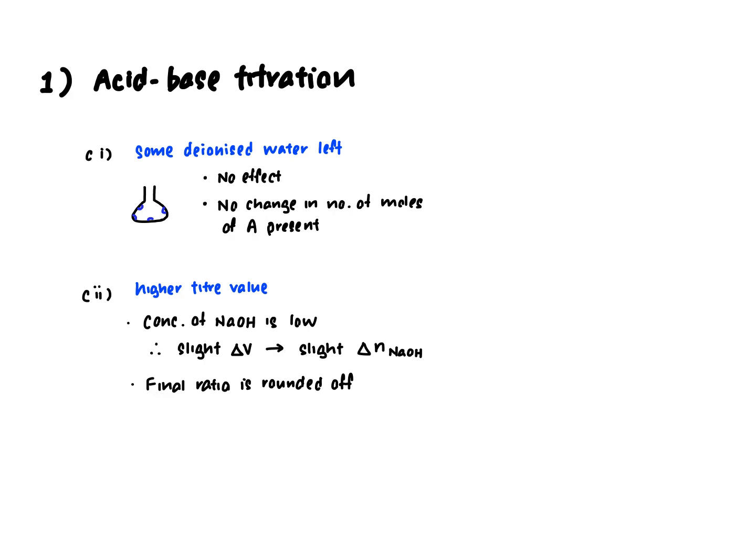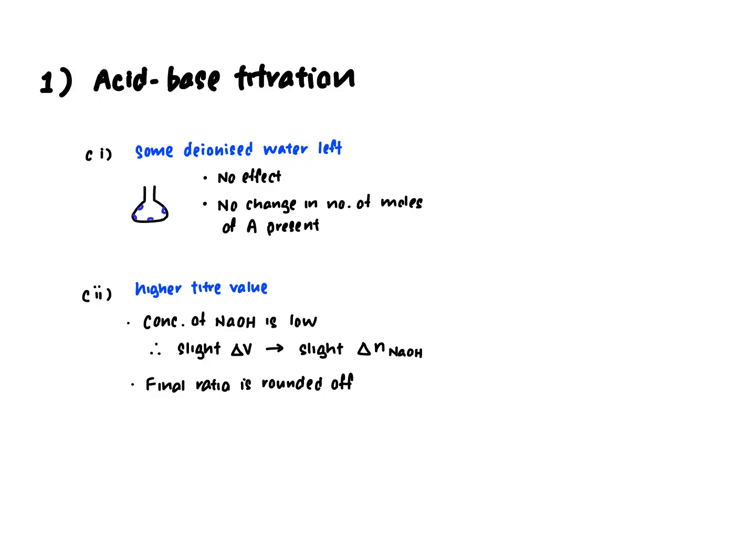The answer is no. There's no effect, because the titer value depends on the number of moles of acid present, or the number of moles of acid pipetted into the conical flask, and having water in there does not change the number of moles of acid present. That is also the reason why when we wash the conical flask in the midst of the titration, nearing the end point, it is not going to affect your titer value.